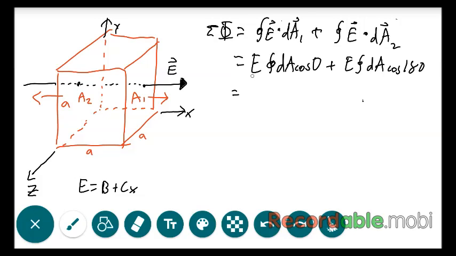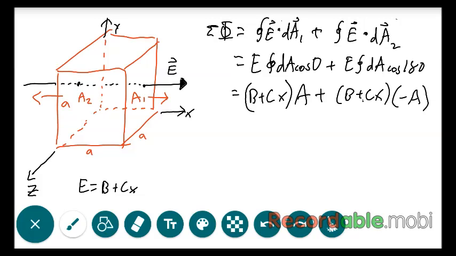So plugging that in, we get B plus Cx times A plus B plus Cx times negative A. Okay, this is for area 1 and this is for area 2. So we know at area 1, x is equal to a, since area 1 is at this x coordinate right here.